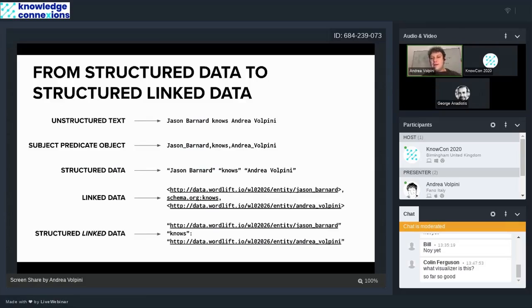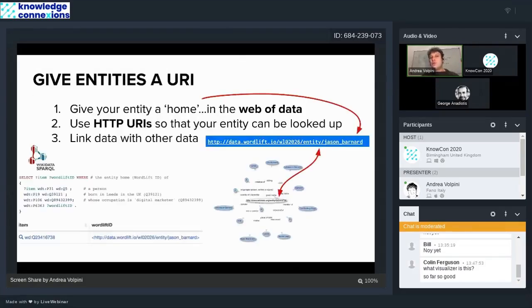And as we do this, we provide a home to each entity by publishing the linked data URI. So in this case, we can see the entity for Jason Barnard, who was with me yesterday in the panel, and that has been published using WordLift, and that can be linked from Wikidata because it's accessible and published as linked data.